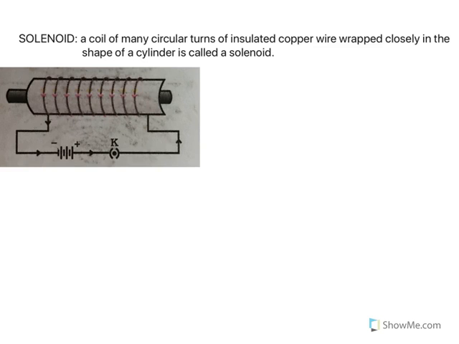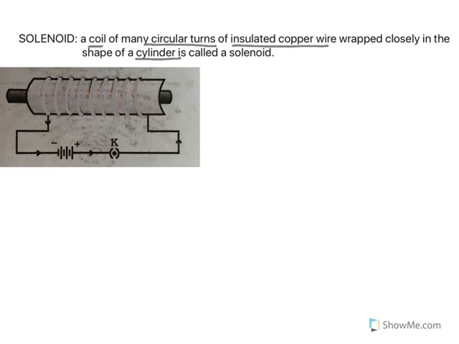If we were to define a solenoid, a coil of many circular turns of insulated copper wire wrapped closely in the shape of a cylinder is called a solenoid. So here's a picture of a solenoid. Here we have these circular coils wrapped in the form of a cylinder.